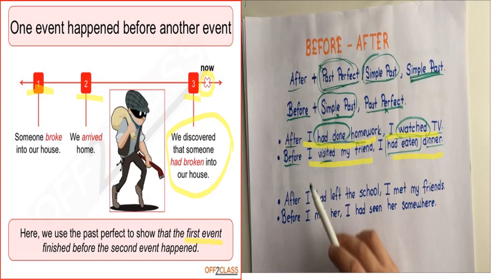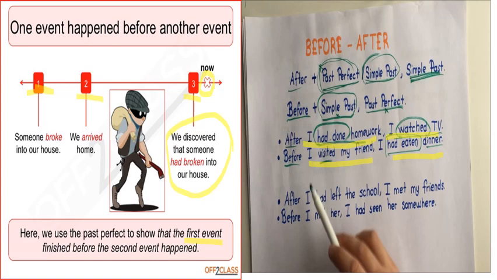And if you have before in your sentence, it's going to be followed by the simple past first and then the past perfect. You see that the order is different here. With after, we have the past perfect first and then the simple past. With before, you have the simple past first and then the past perfect.